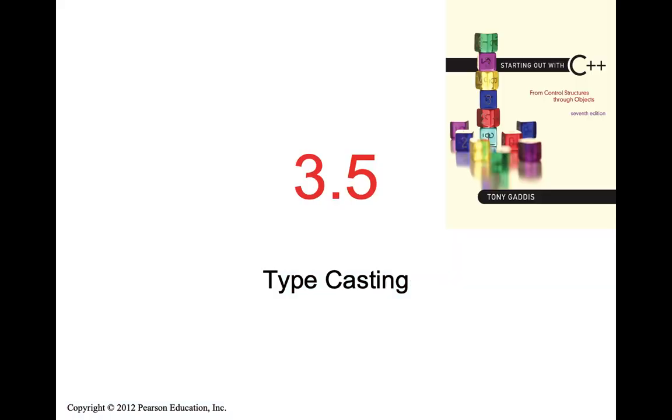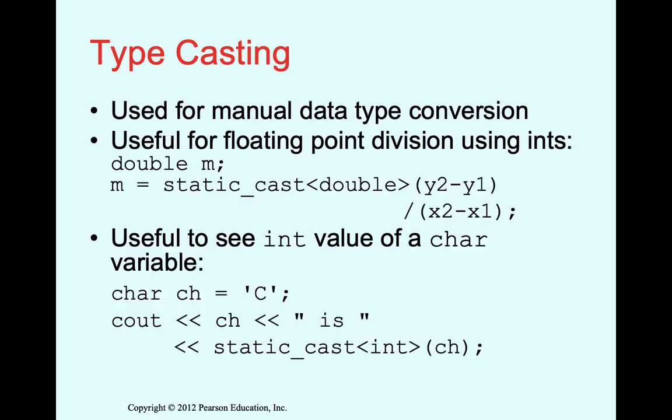We have something called typecasting. Cast is to convert from one type to another type. Imagine I want to compute (y2 minus y1) divided by (x2 minus x1). Imagine all of these variables are integers, so the result will be an integer, right? But imagine I want to know the result exactly, not as an integer, but as a double.